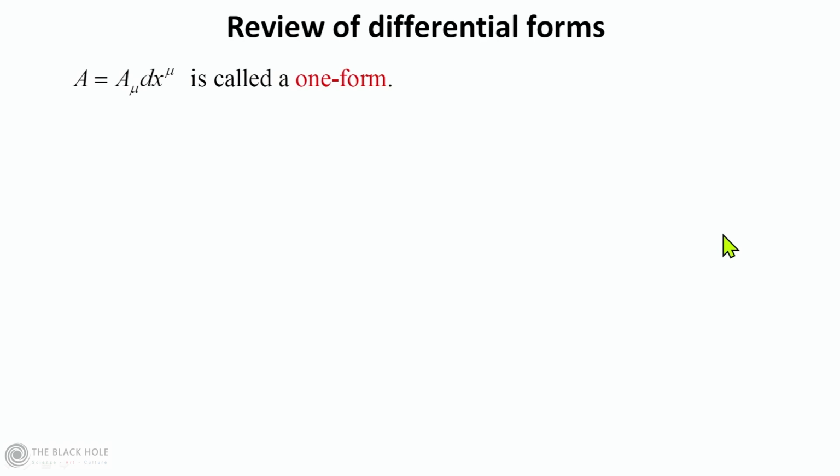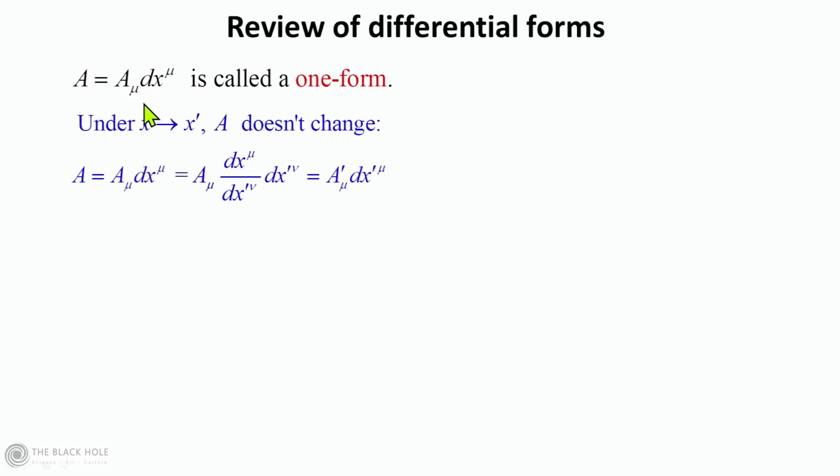All right, so here we have just an ordinary field component, A mu. We multiply it by dx mu. This is a differential. And now you see there are no indices left because we've contracted on mu, which goes over 0, 1, 2, 3, or however many dimensions there are.